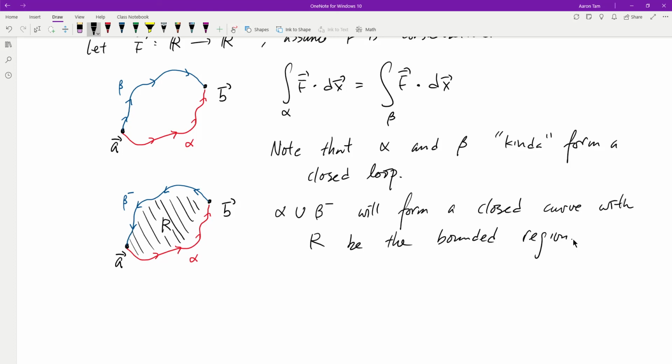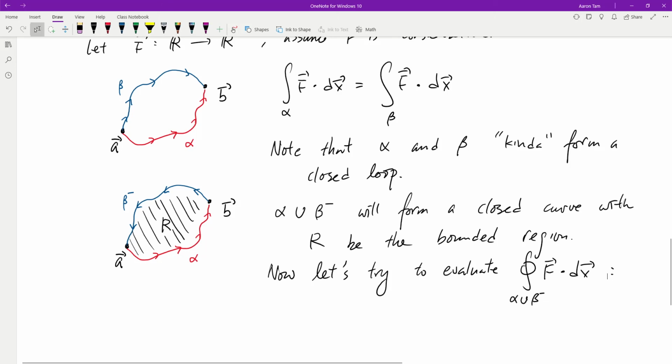Now let's think about what's happening here. What if I'm trying to calculate the closed curve integral of this closed curve? I can calculate this closed curve integral two ways, just like what we talked about back in 9.1.